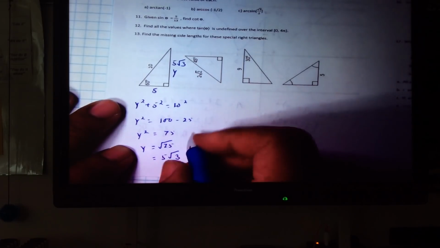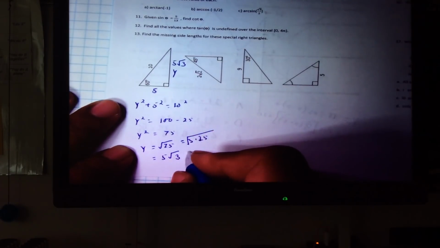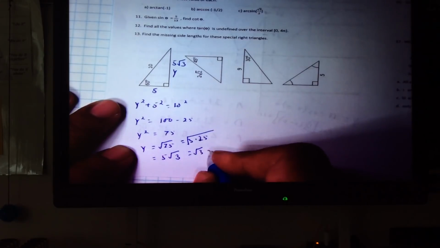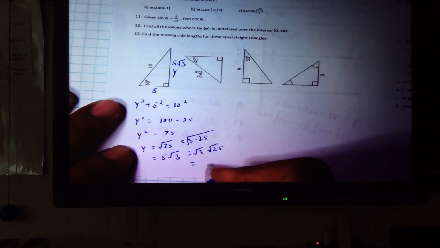Well, 75 can be written as 3 times 25. So that would be square root of 3 times square root of 25. And what's the square root of 25? 5. So this is 5 times the square root of 3.